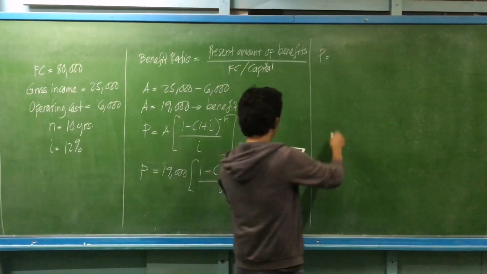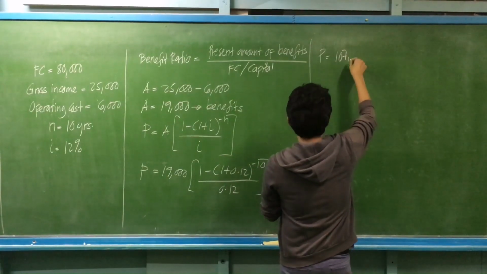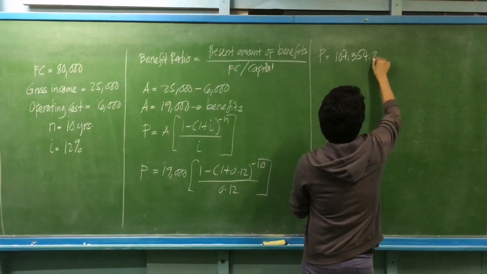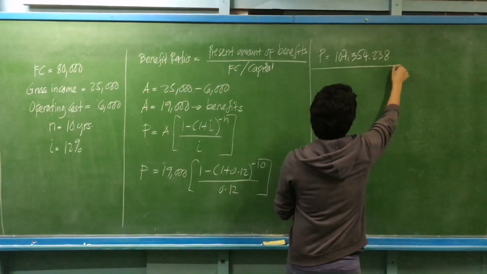So you have a present amount equal to 107,354.238. Okay?